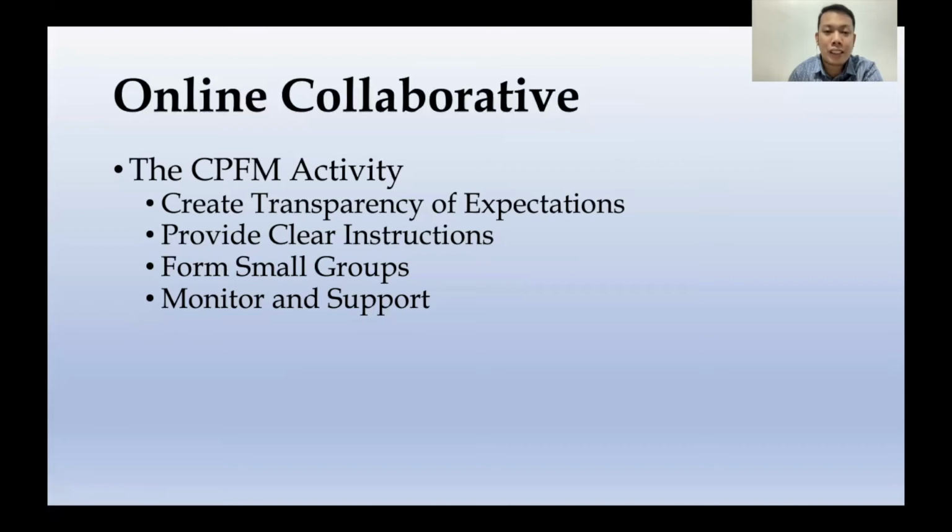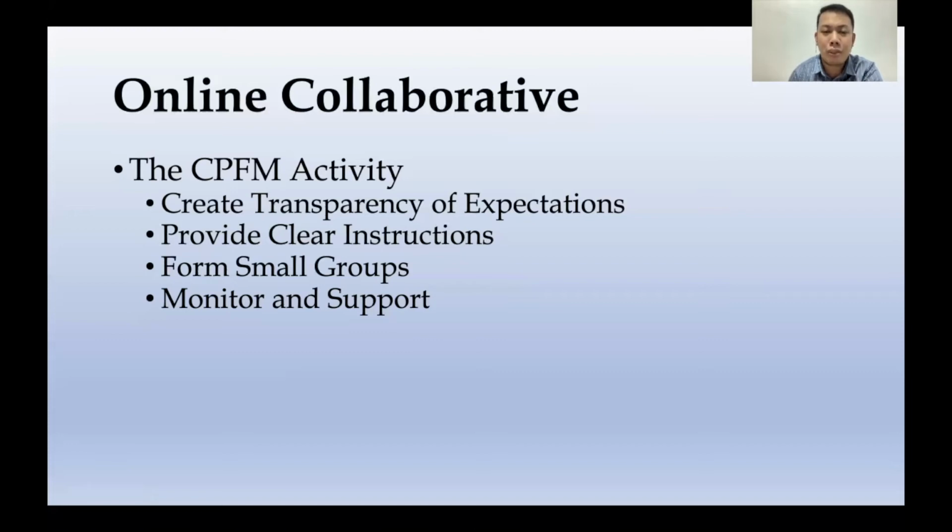After that, your task as a teacher is to provide monitoring and support. So how are you going to do that? For example, you may ask them to send you the link of their, let's say, Zoom or Google Meet, and then you enter each group activity just for a while.